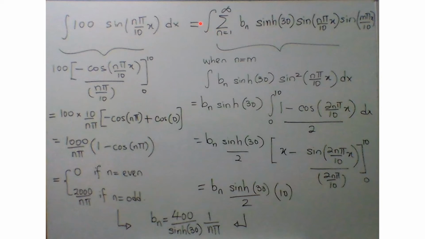So the point is now this is a summation. So when n is equal to m, you will see that this is going to be sine squared, right? So here when n equals m, I have Bn. The summation sign is no longer there because I'm looking at n equals m only. And then I have sinh 30, and this is going to be sin squared(n pi over 10 x).